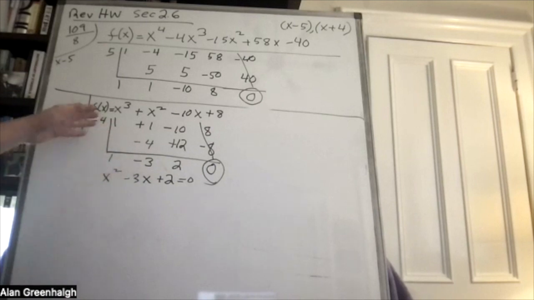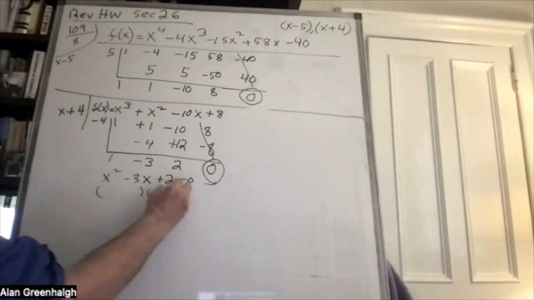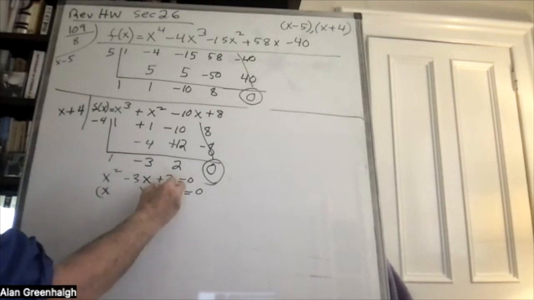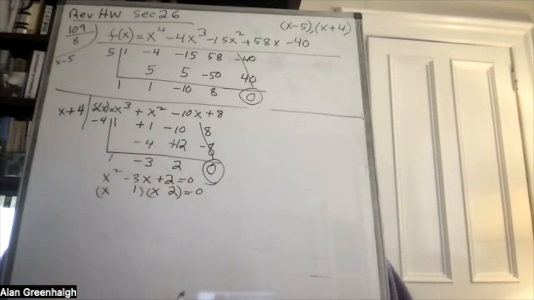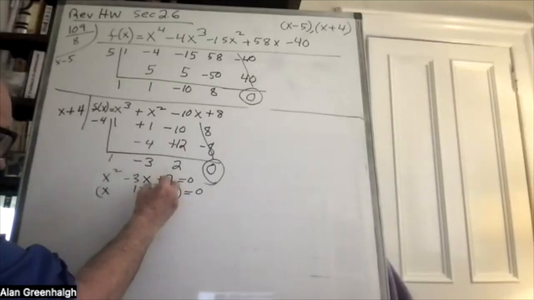So, I love synthetic division. It's pretty known by now that I do, but let's just factor this. I like factoring also. x, 2, it has to be 2 and 1. And to get a negative in the middle, when you add the factors, and a positive over there, you need negative and negative.